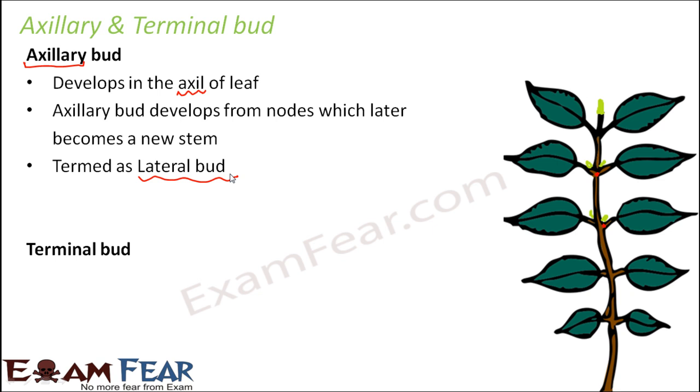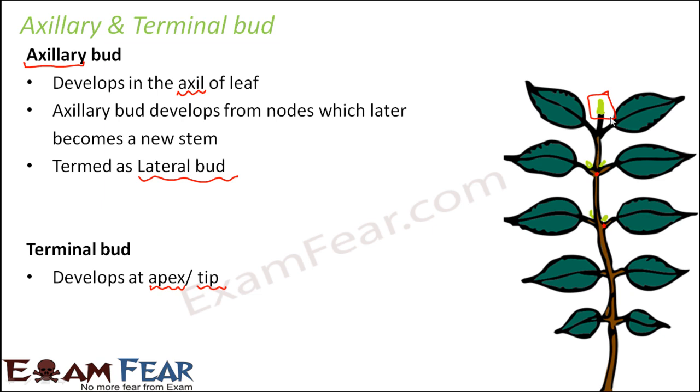Whereas when I say terminal bud, what is terminal? Terminal generally denotes the end of something, right? So this kind of bud develops at the apex or at the tip. So this is my terminal bud or apical bud, because this is the apex. If you see, this is the main stem. So once you have a bud here, it doesn't grow further. But lateral buds, at each node you have natural buds.